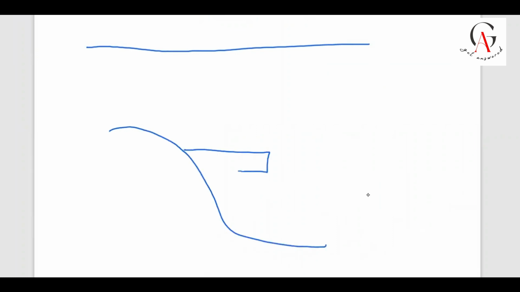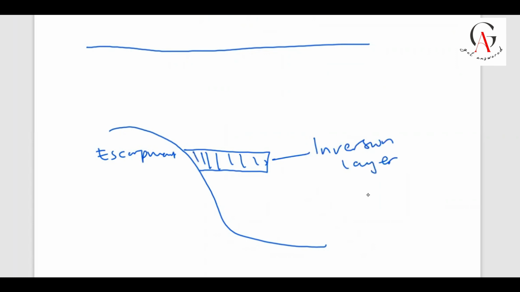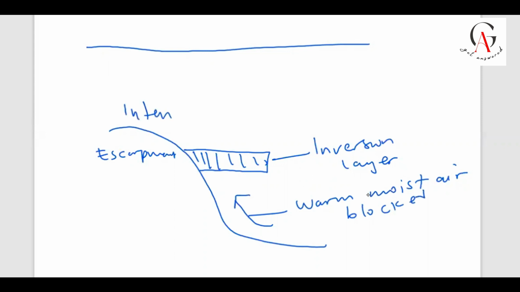You can see in winter condition, the inversion layer is below the escarpment, blocking the warm moist air. It can't reach the interior here.